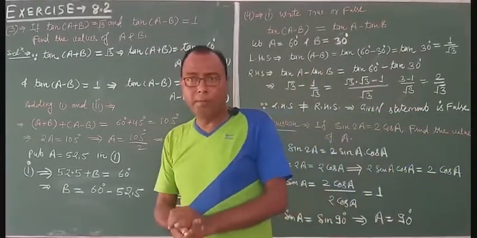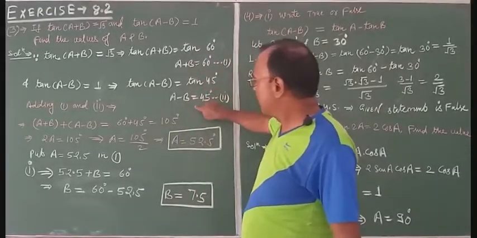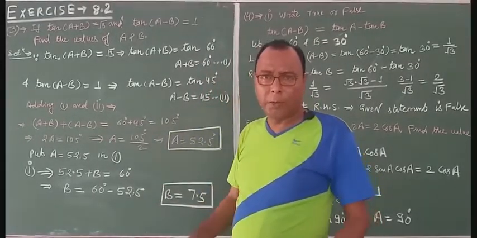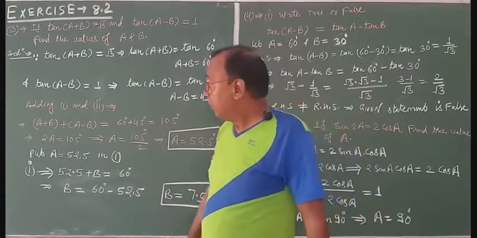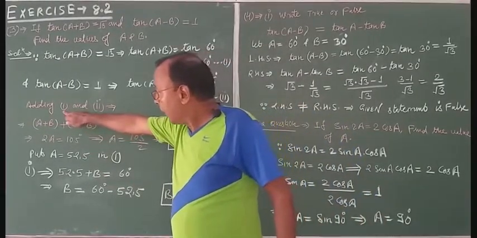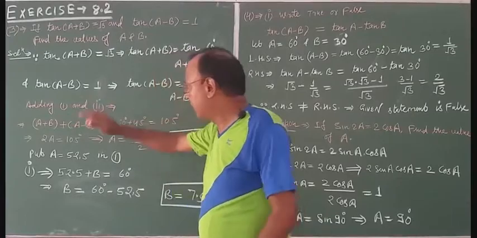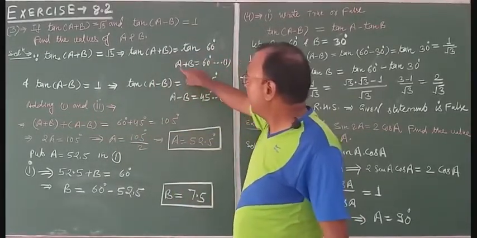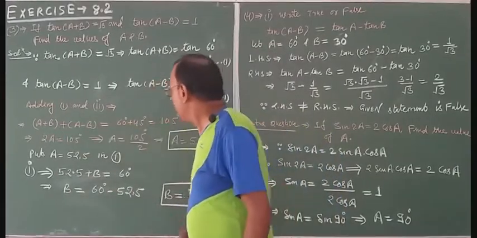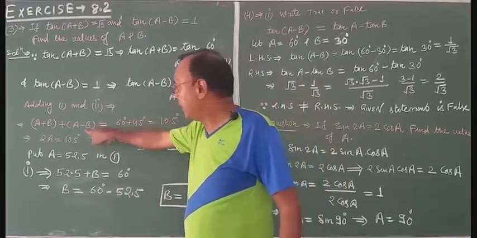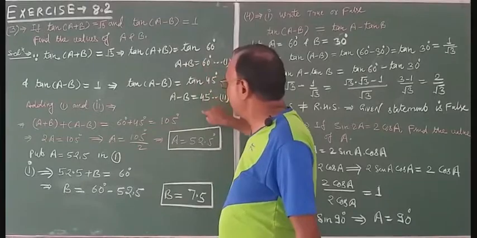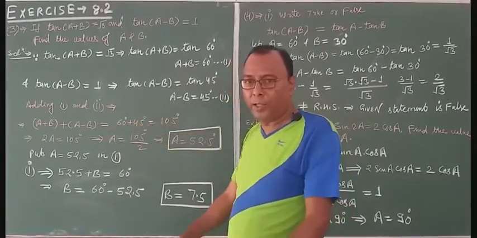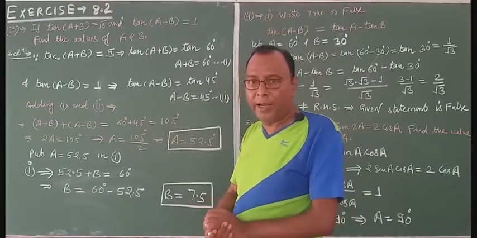Now we will solve these two equations with the help of any method. We are adding equation first and second. Adding first and second, what is your left hand side? A plus B plus A minus B, that is 60 degree plus 45 degree. Left hand side we are adding together, and right hand side we are adding together.